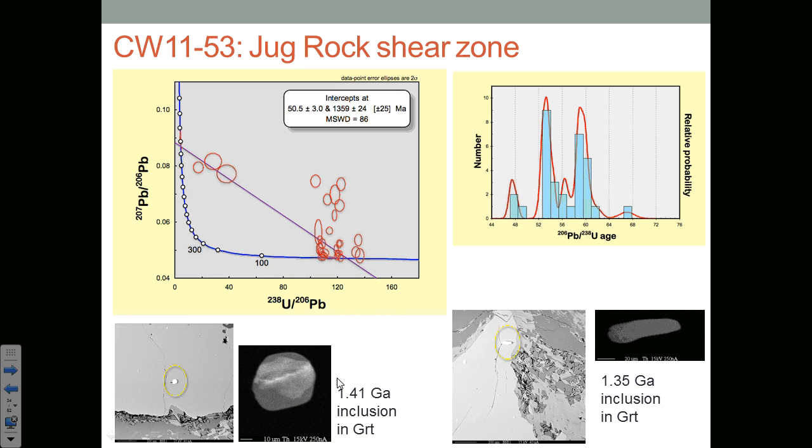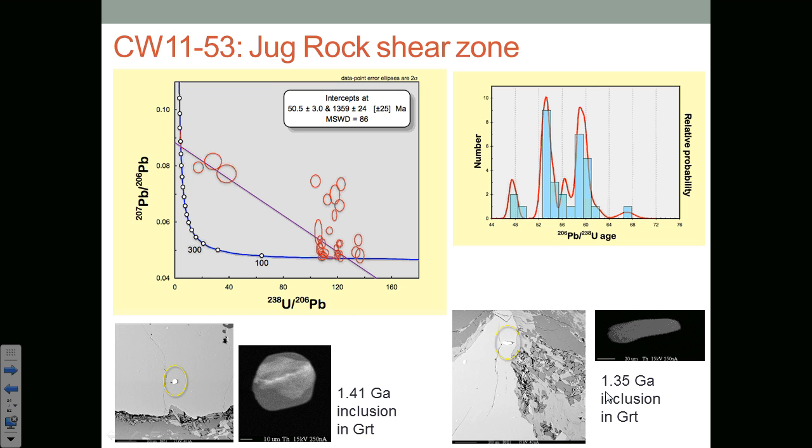So when we look at inclusions in garnet, invariably, the inclusions inside of garnet are always Proterozoic. So we have looked at a lot of thin sections, and we never, ever see Cretaceous inclusions in garnet. They're always Proterozoic, usually between about 1.3 to 1.45 billion years old.